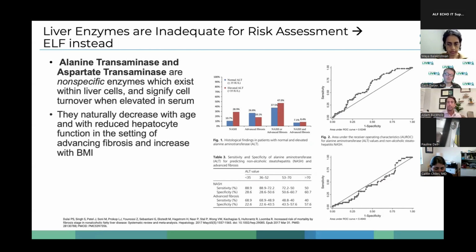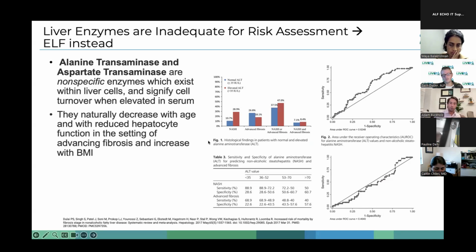And unfortunately, as you can see by the graphs on the right-hand side, these are areas under the receiver operating curve, basically looking at the sensitivity and specificity of using ALT and AST to find more advanced disease. You can actually see that, for example, those with advanced fibrosis are more likely to have a normal ALT. So it's basically like a coin flip if you're just using ALT and AST.